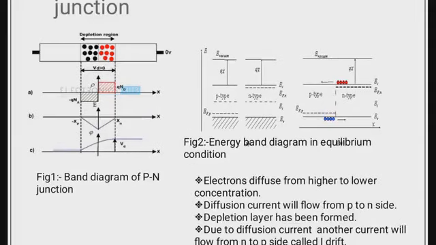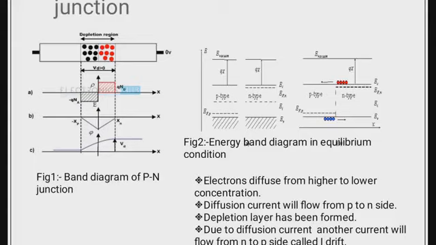Now in figure 2, the second diagram, we have seen the energy band diagram of a p-n junction in equilibrium condition. Equilibrium means we have not applied any external potential across the p or n terminal.